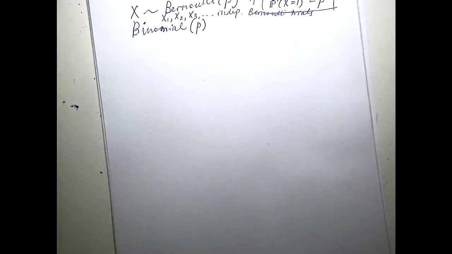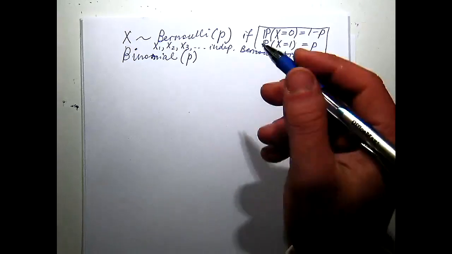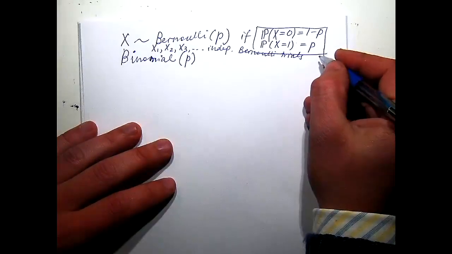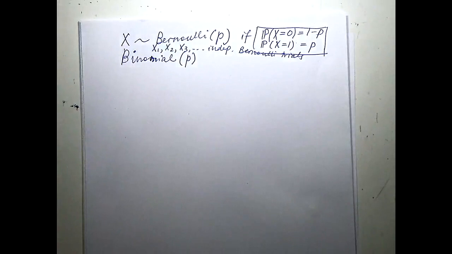In case you're wondering what independent means, because technically I didn't define independent for random variables, I only defined independent for events. When we're talking about an indicator variable for the event E, if E is independent of F, that's the same as the indicator of E being independent of the indicator of F. So just think of the event where X1 equals 1 is independent of the event where X2 equals 1 and so on.